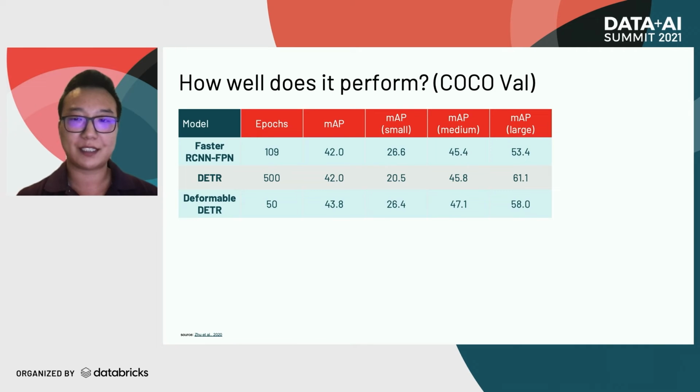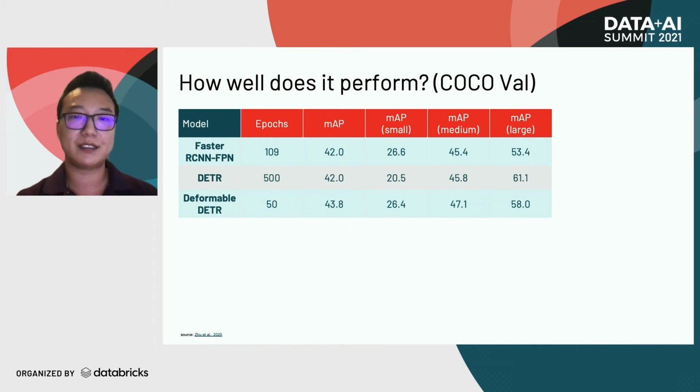And if we go back to the table before, we see that Deformable DETR is able to exceed the performance of Faster RCNN and DETR with just 50 epochs of training. So we do converge a lot faster, like I said, because the attention weights now are not spread out across 800 things. They're spread out just across, say, 20 different points.